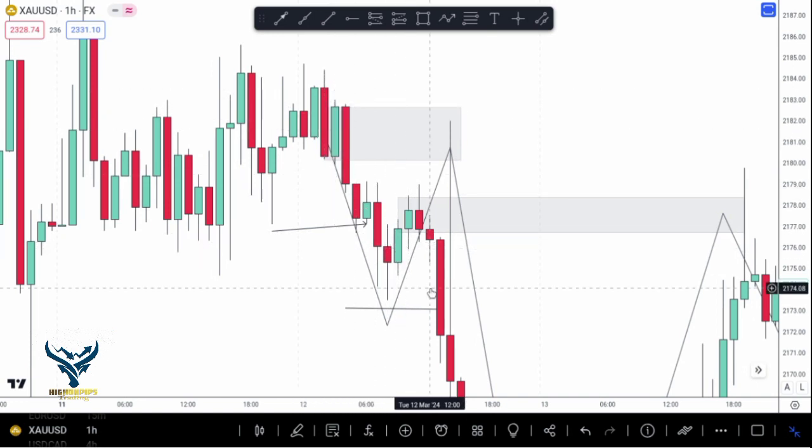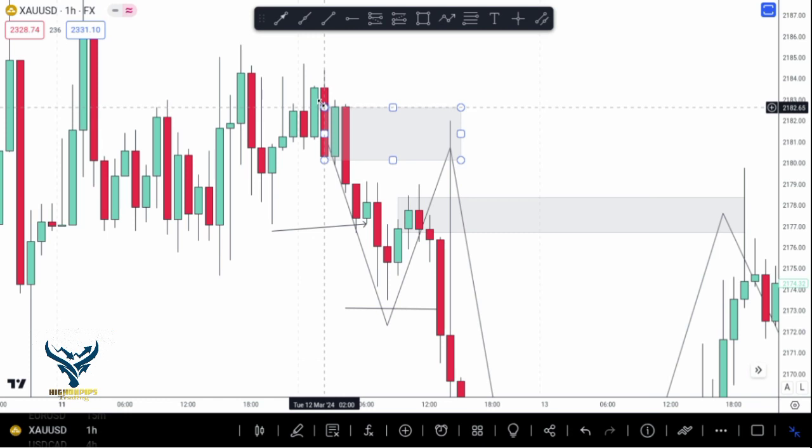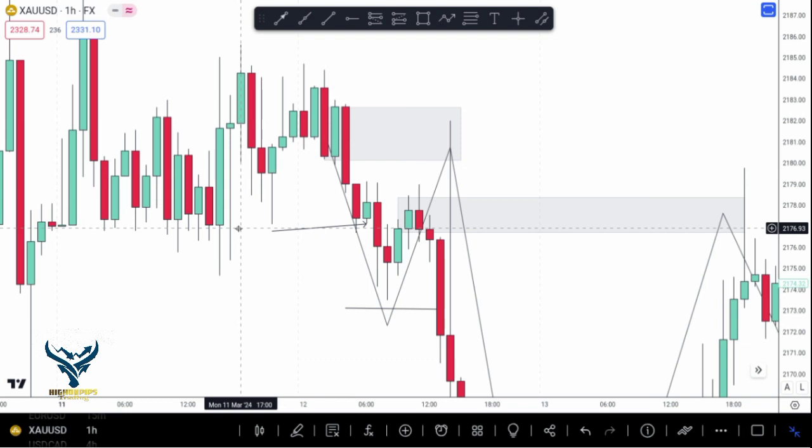These red candlesticks show that the market is selling, right? And then these green candlesticks represent a bullish market. Now, when I say the last candle in a trend, this is what I mean. This green candle here, this one, or this one, was the last candle in a buying trend.